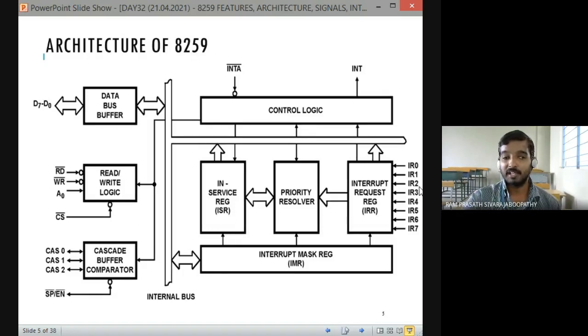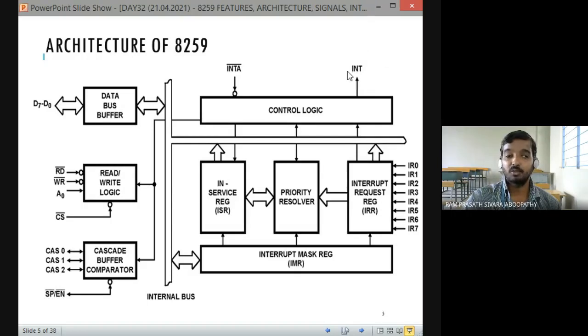Whenever an interrupt request comes to the 8259 from some device, the priority resolver will resolve the priority and allow one of the interrupts to be serviced. At that point of time, this 8259 generates an interrupt signal through which pin? INT pin. Is it clear to everyone?